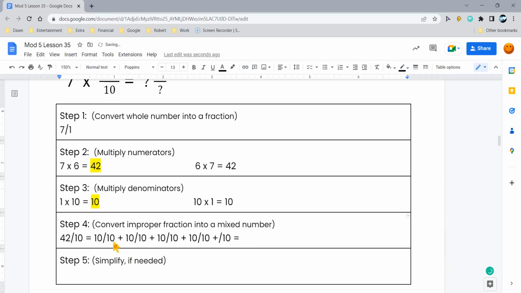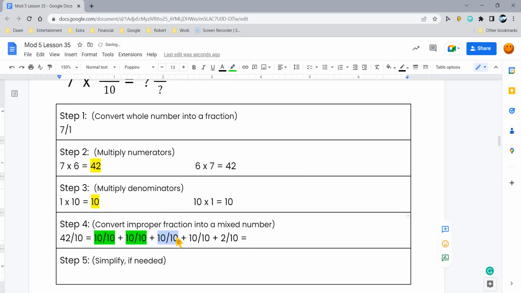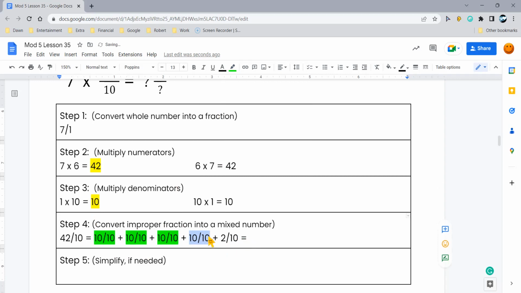So I'm going to take this one off and count 10, 20, 30, 40. And yes, I have to add 2. So now I'm going to count 1, 2, 3, 4. So right here, I'm going to put 4, and it gives me 2/10 left.